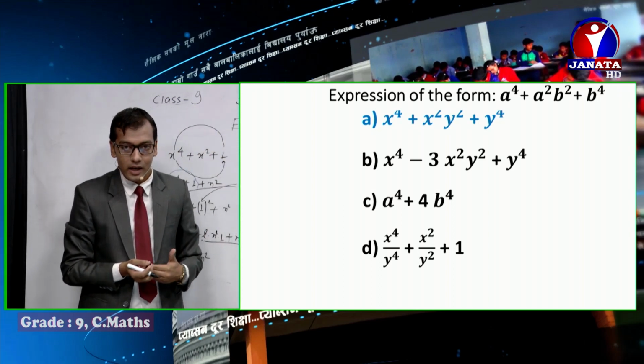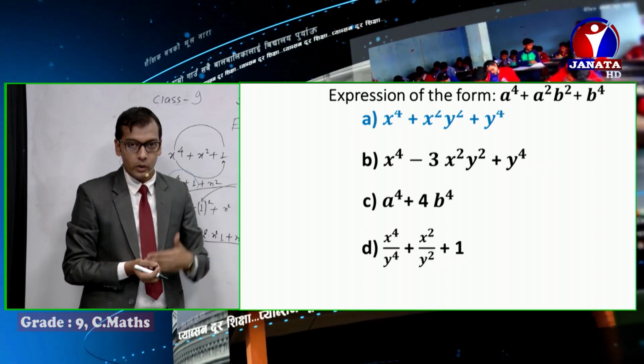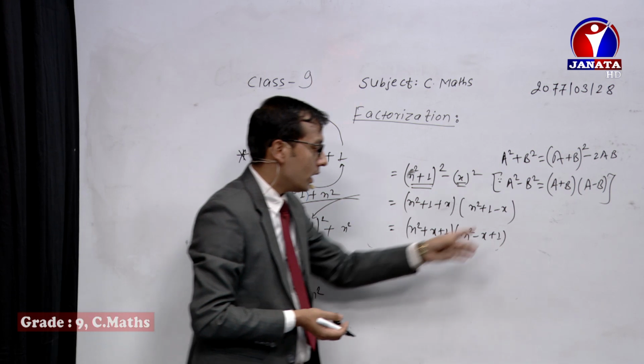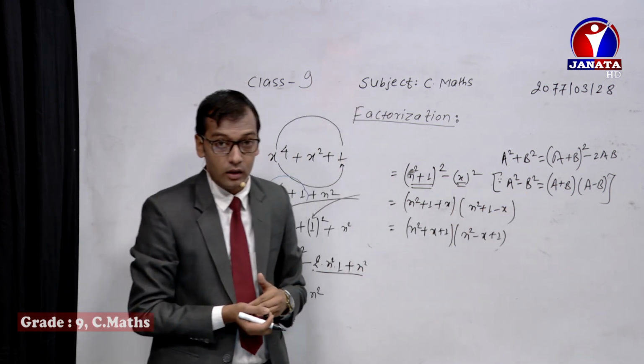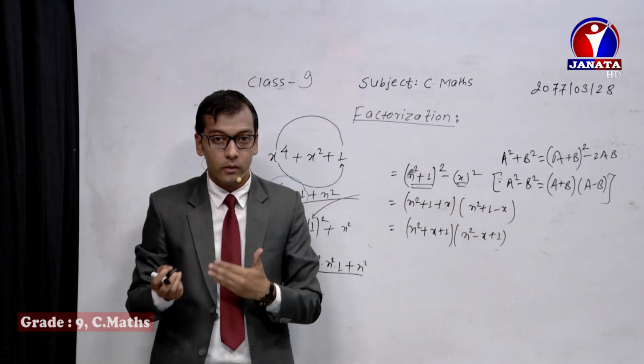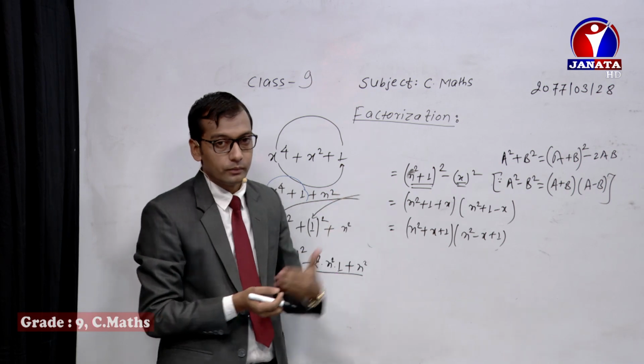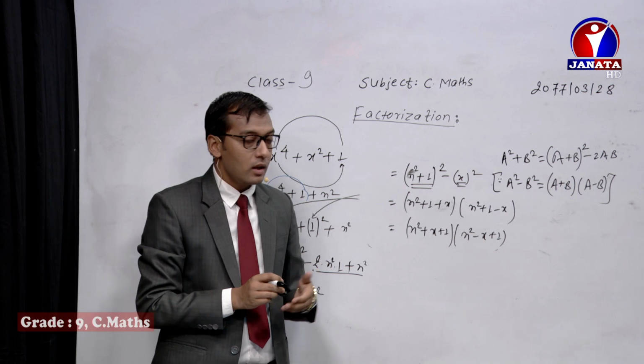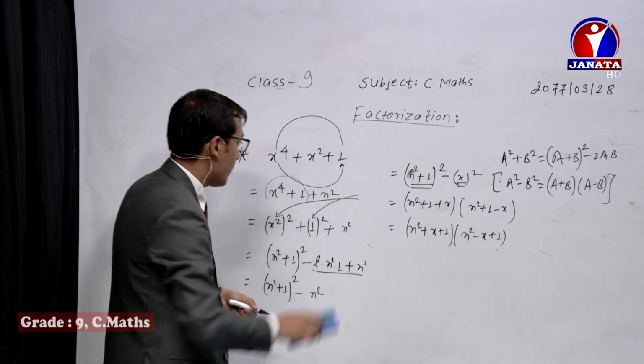Then at the end of the solution, we converted the expression into a square minus b square form, and we got two factors of both algebraic expressions.